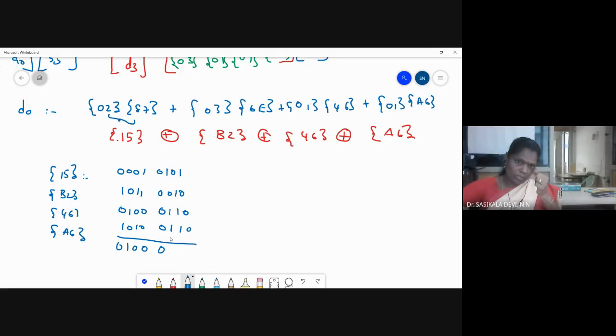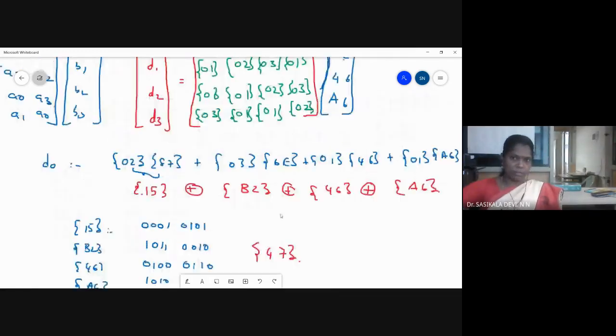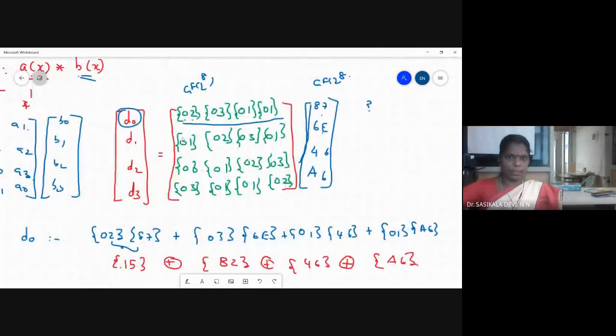Here all zeros, and here 3 ones, so the result is 1. So the result is 0100 0111. This is nothing but 47. We have computed D0, so D0 is 47.